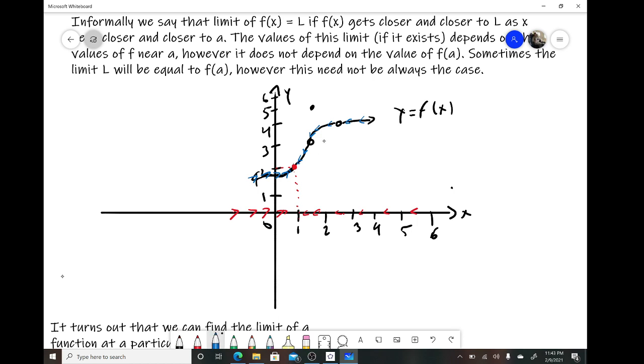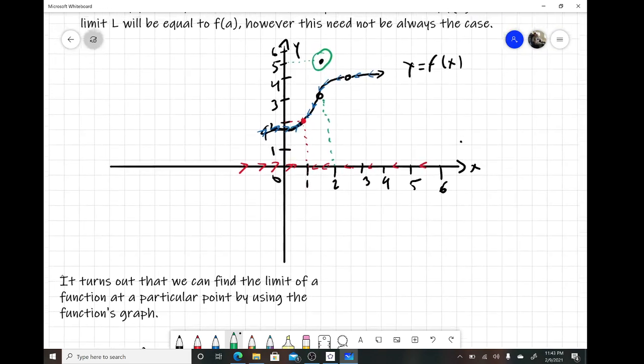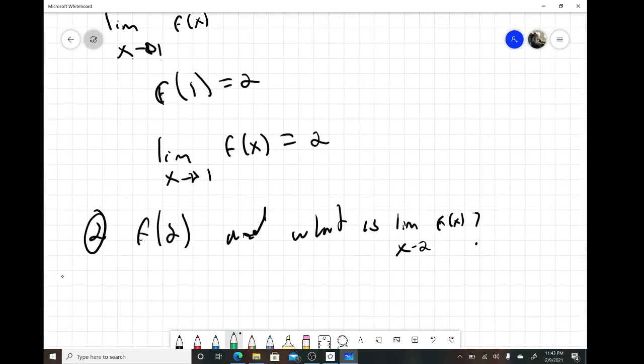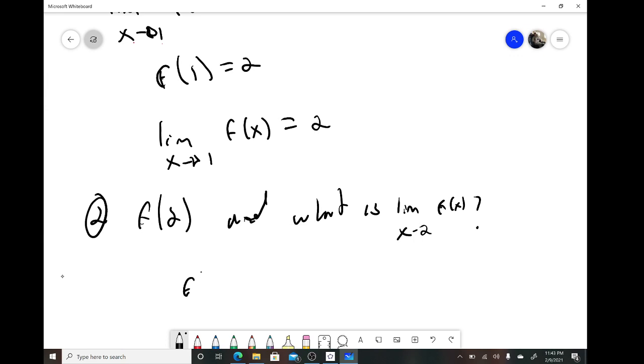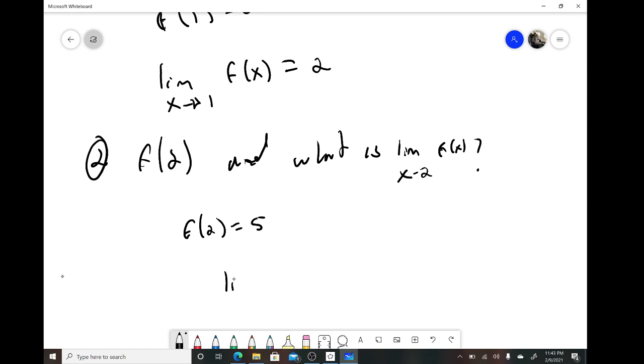We have an open hole at 2, so just bear with me and make believe that this is a straight line. If we have an open hole at 2, that means this point doesn't exist there. But we have a point up here, and that point corresponds to 5. So the value of the function at 2 is actually 5, not 3. So f of 2 equals 5.